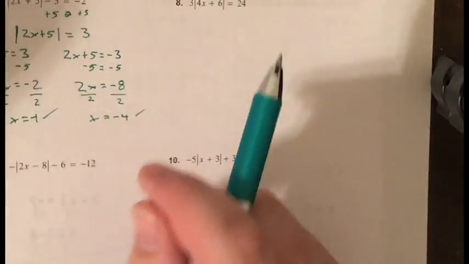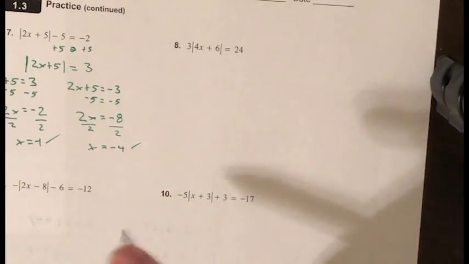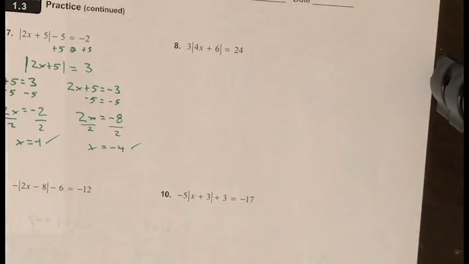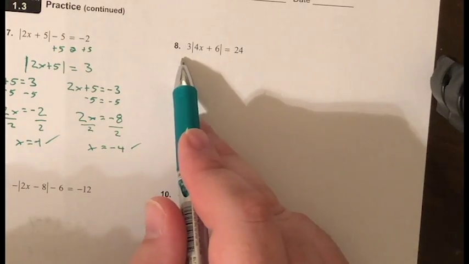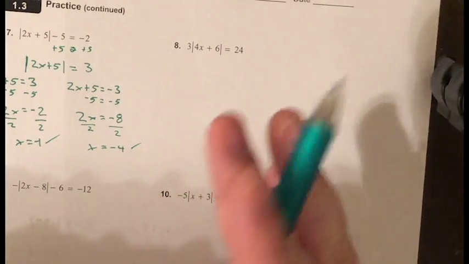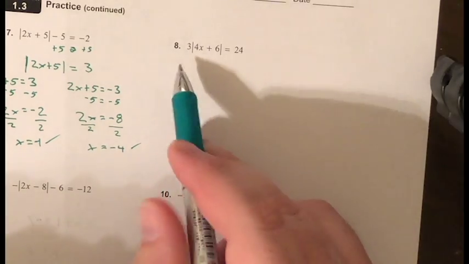Now let's try 8. So 8, we pretty much do the same thing. We check to see if anything can be done on either side. Not really. So what do I do now? We get the variables to one side. Well, they already are on one side. Then we try to get the absolute value alone using SADMET.